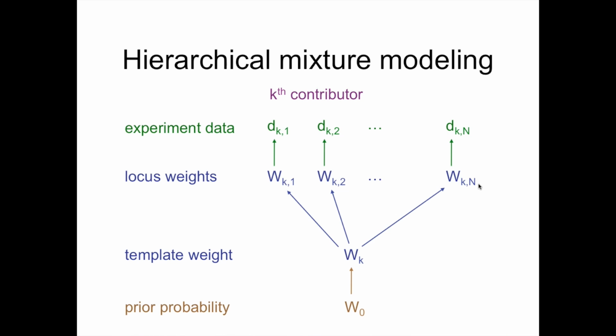And the reason for that is that the mixture weight modeling in TrueAllele is already hierarchical. So what that means is, if you look at the hierarchy diagram, the template weight shown in the third row is what's affected as an average by the decay factor. And the locus weights shown in the second row are being computed as separate parameters for each contributor for each experimental data locus, shown in green in the top row.